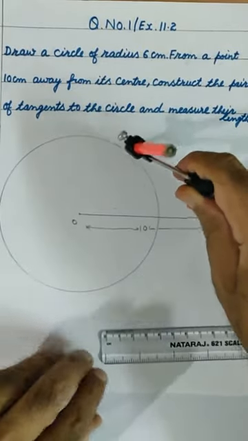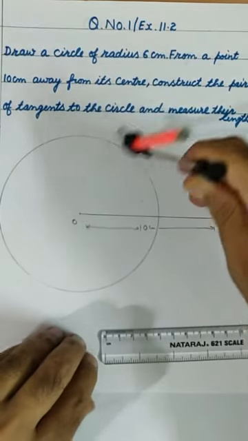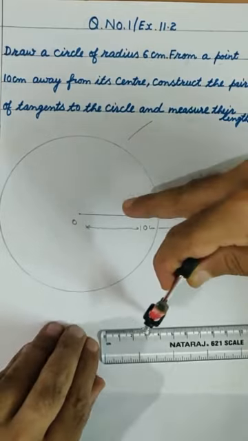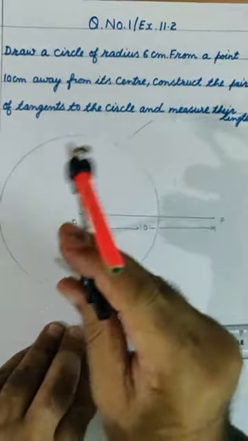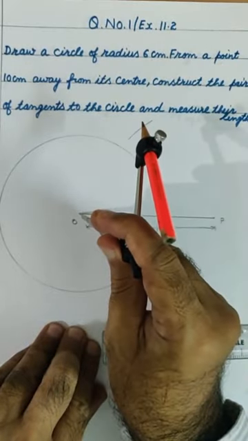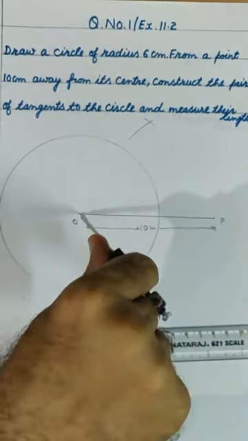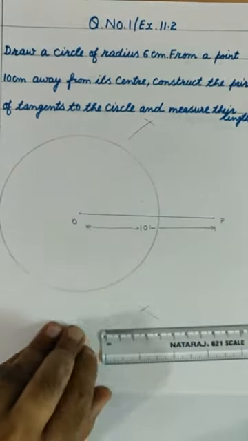You draw, you can open the compass more than half. This is, and this. From here what you can do, yes, and then this one.